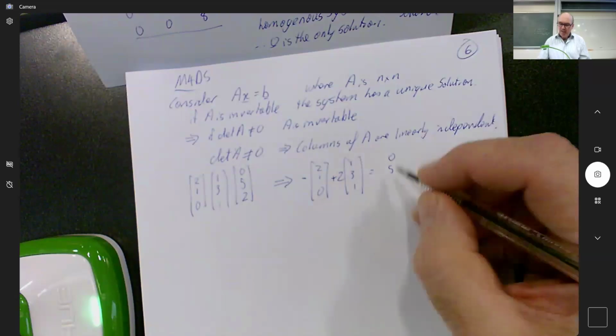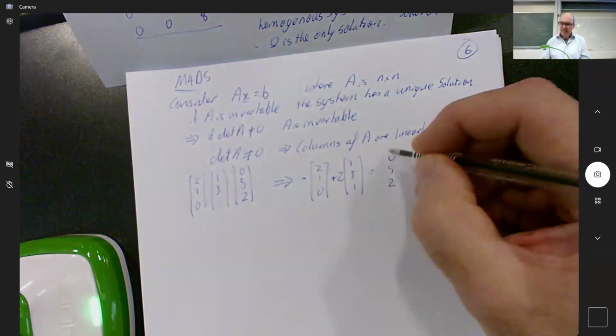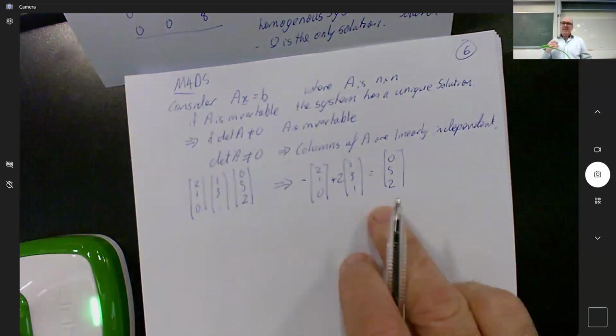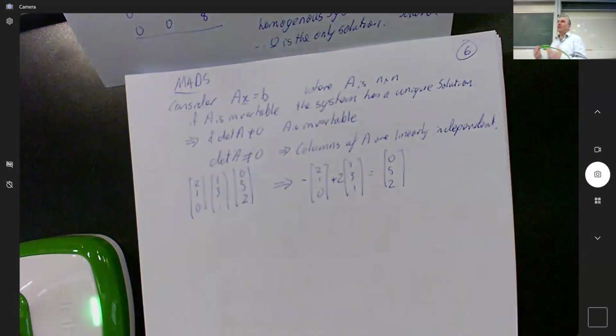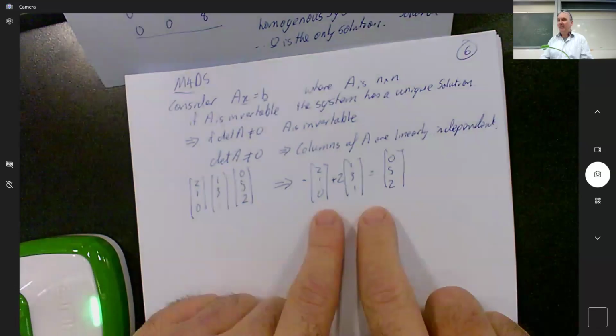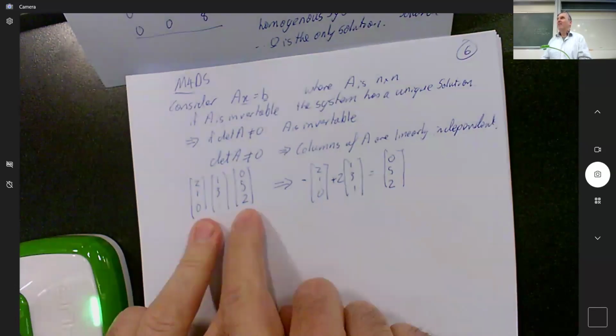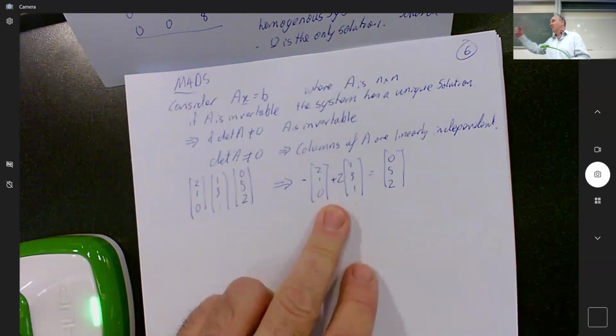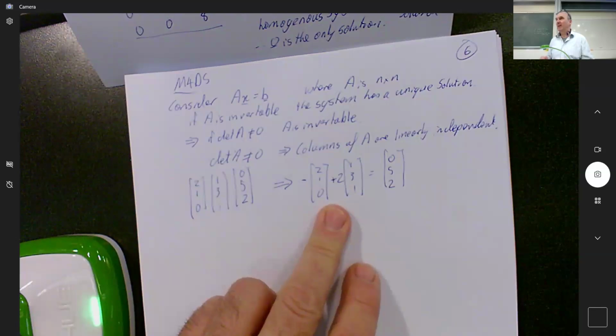So what I'm saying is this is that dependency. And if I notice that, then I can go, hey, those vectors are linearly dependent. Like if this was an exam question, are these vectors linearly dependent? I can then go, because there is a relationship between these vectors, they must be linearly dependent.